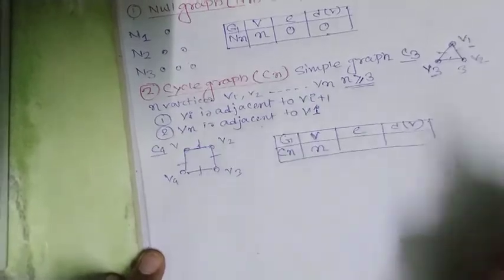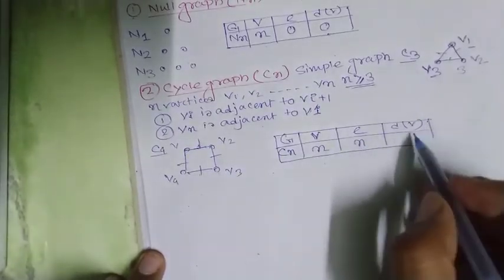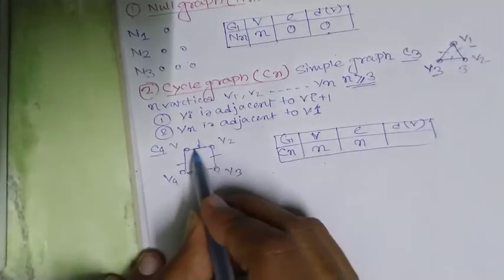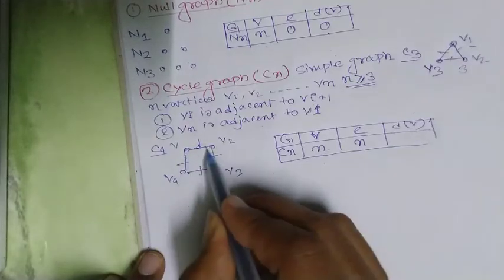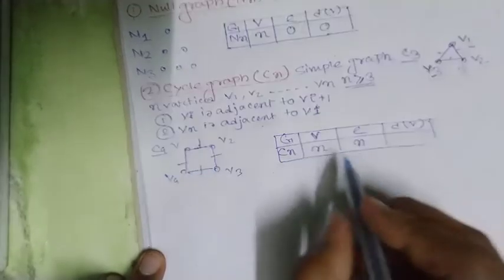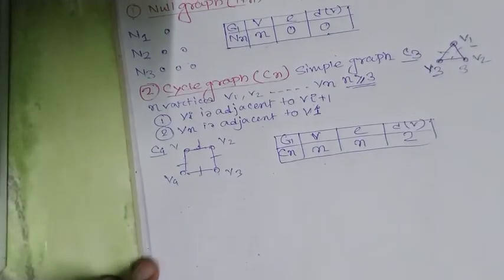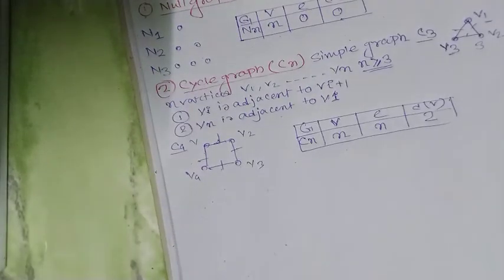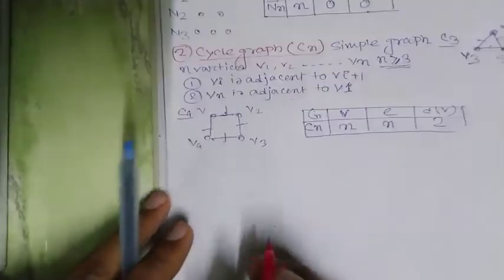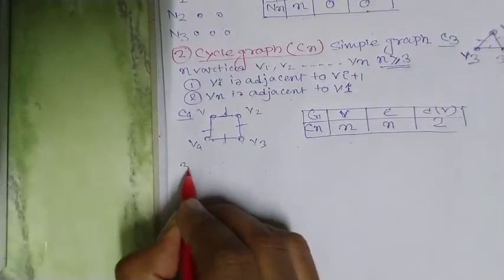So there are n number of edges. And what is the degree of each vertex? You can see this is 2, this is 2, this is 2, this is 2. So the degree of each vertex is 2.